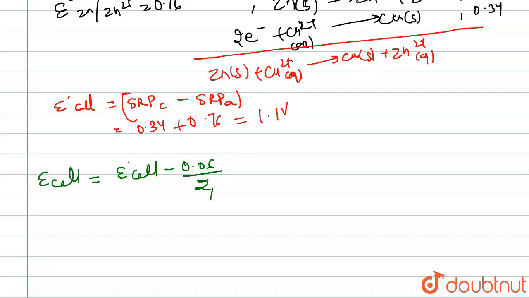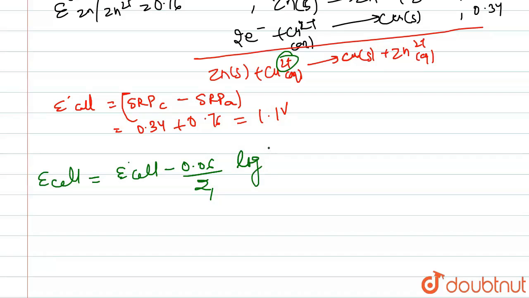The 0.06 is given in the question as the standard form of the equation, RT upon NF into 2.303, from which this value arrives, and then we have log of Q.